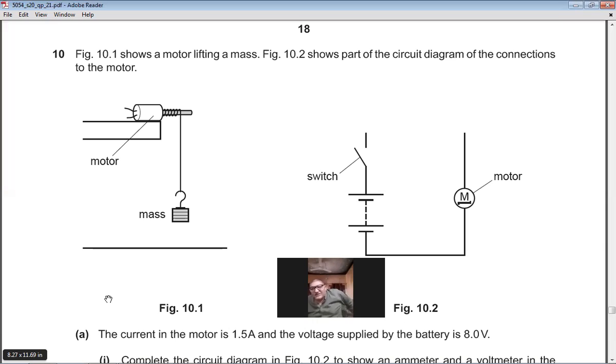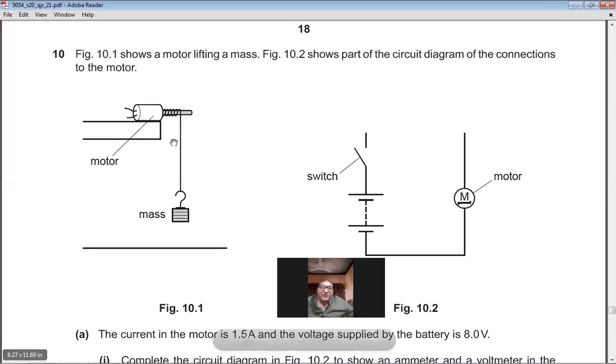Lenz's law says when this mass goes down, it will make the armature of that motor rotate, and due to this, what will happen? Current will be induced in that coil, and the direction of that current will be in such a way that it will oppose the cause which is producing it.